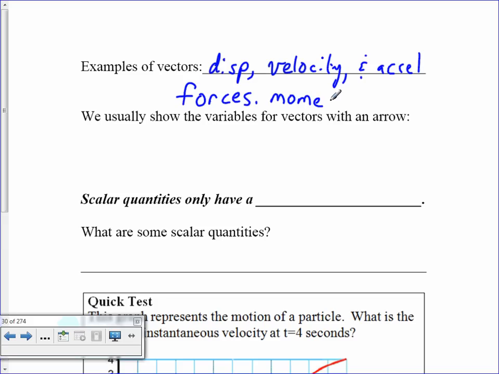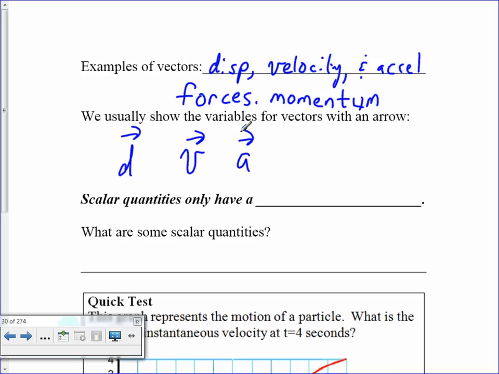We'll get into all these. These are derived from these basic kinematic quantities. We usually show the variables for vectors with an arrow. So for example, with displacement, velocity, and acceleration, we just show them like this.